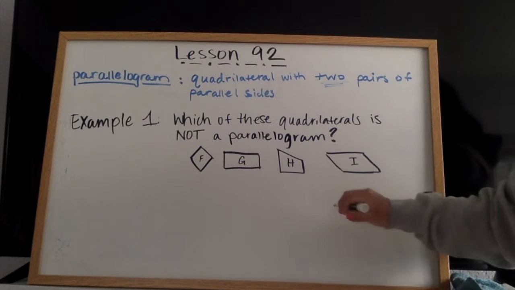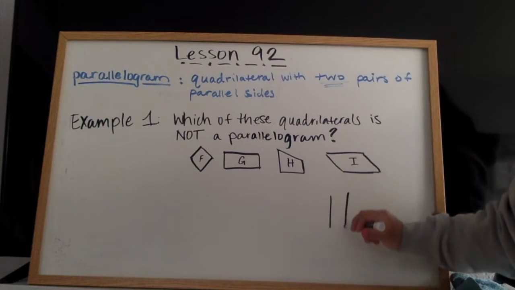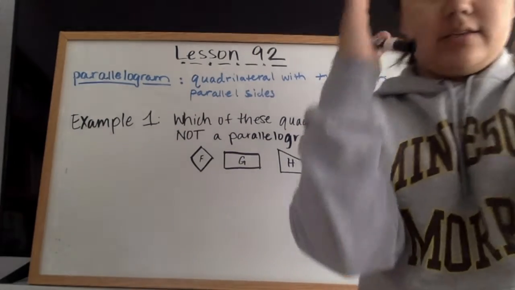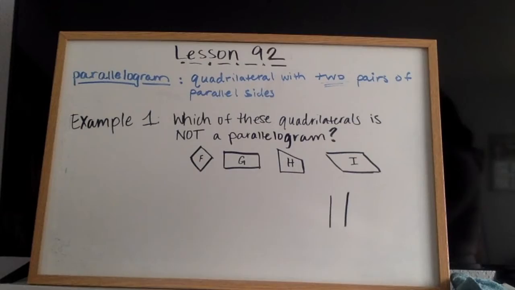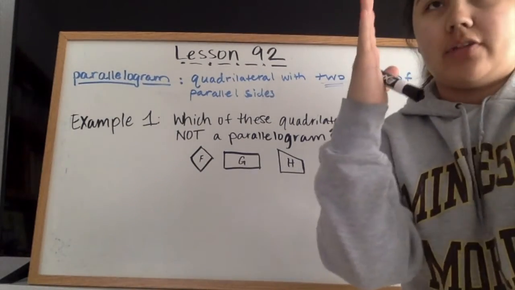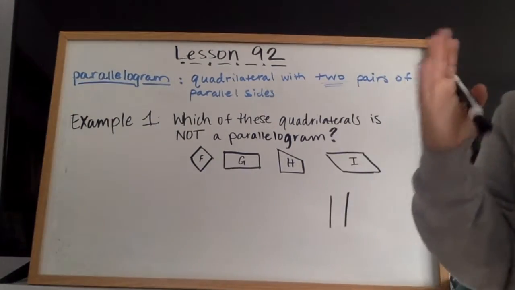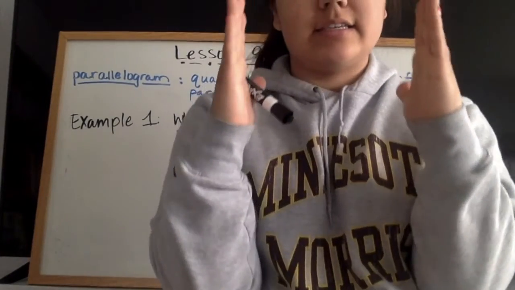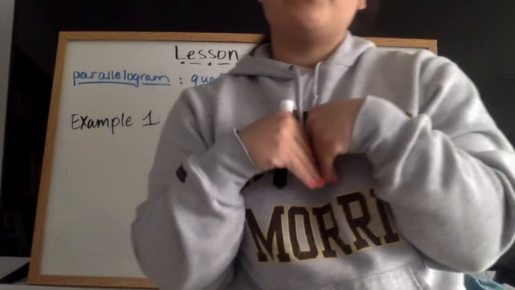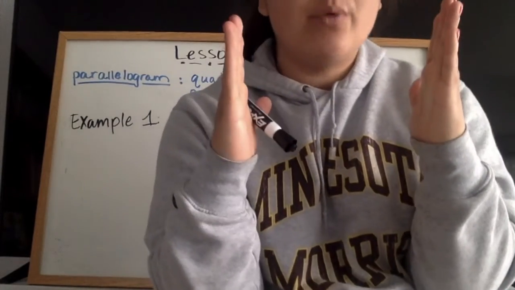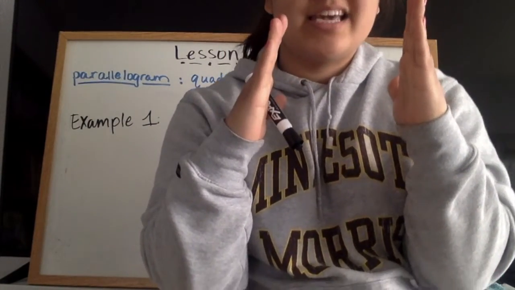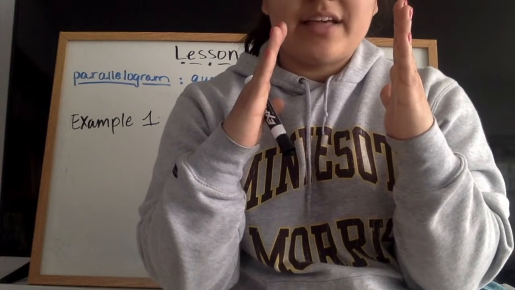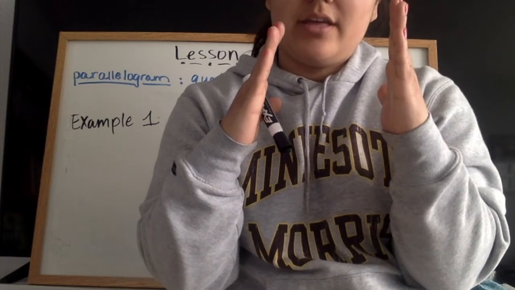So parallel is right next to each other. They will never cross. So if you have parallel lines, if you have lines and one of them is slightly tipped, if they're not touching right now, that still doesn't mean they're parallel.